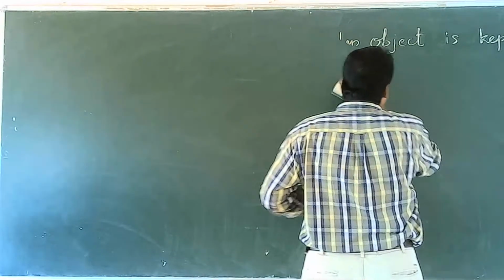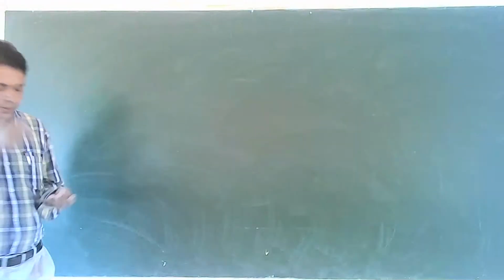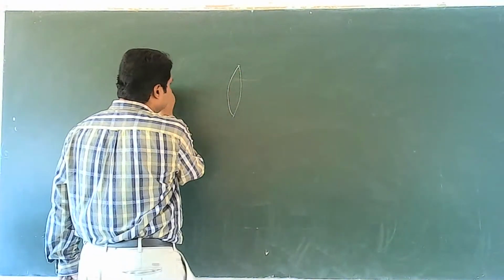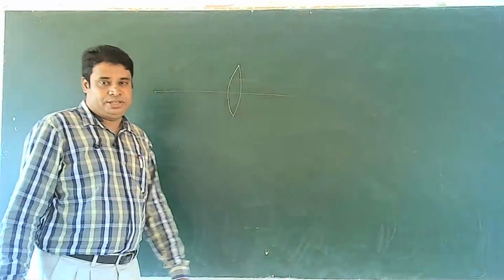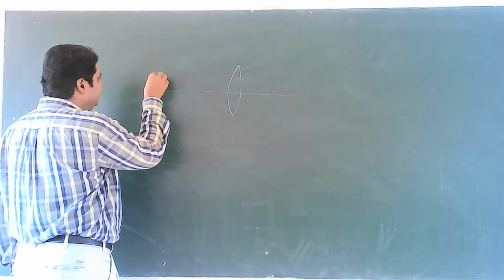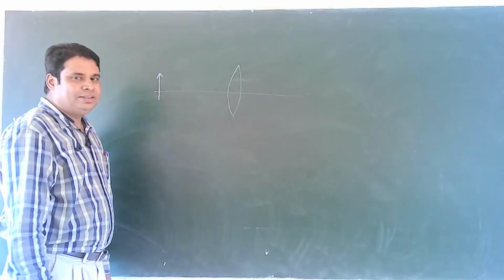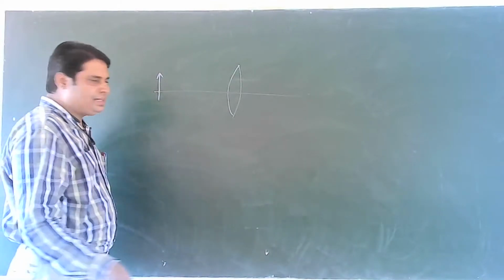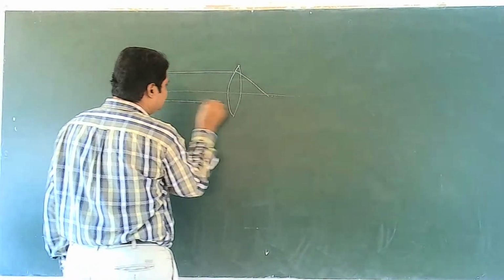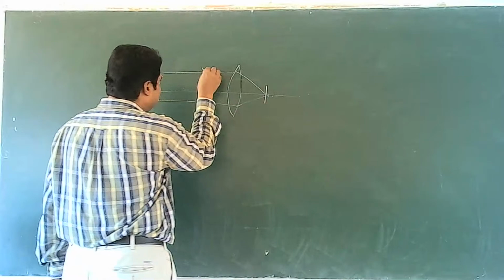Once again. Now, imagine you placed the object in the first condition. Then we have to consider any two rays such that after refraction they meet at a point.